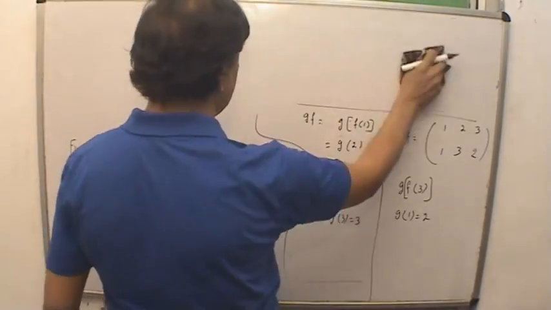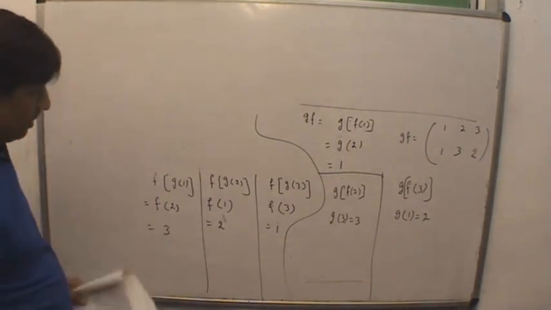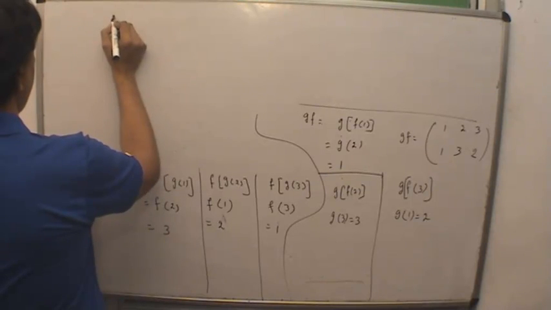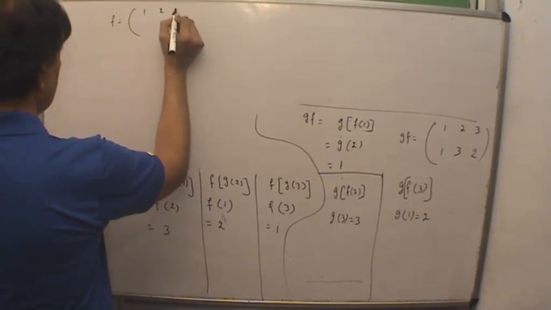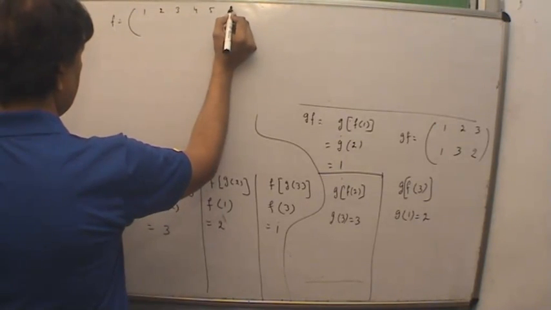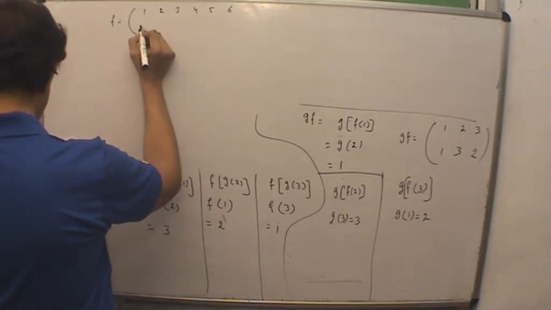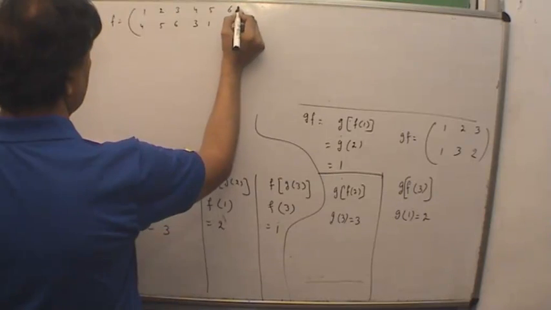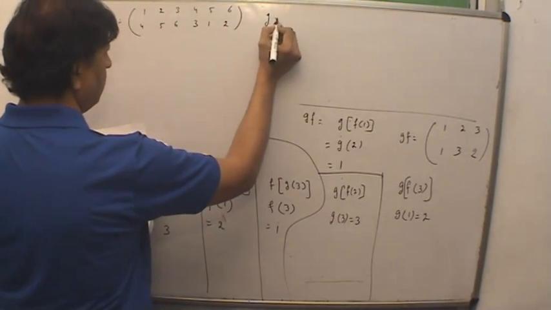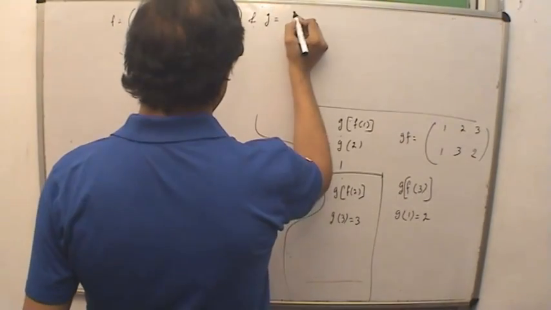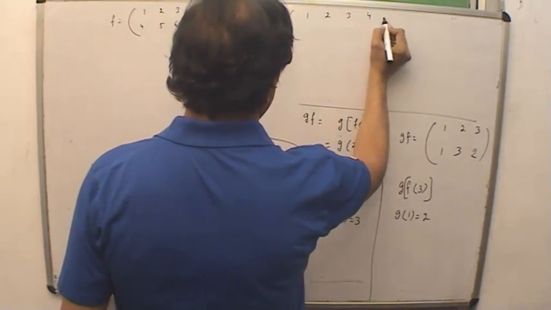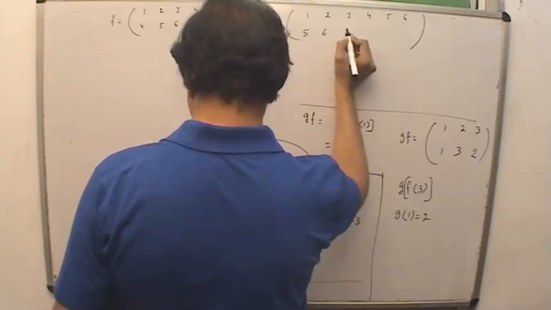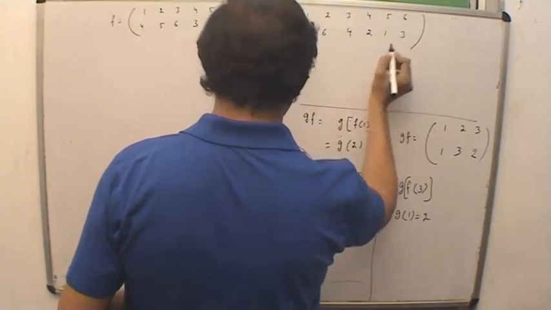In the simple formation, if we consider, say, F is equal to 1, 2, 3, 4, 5, 6 mapping to 4, 5, 6, 3, 1, 2, and G is equal to 1, 2, 3, 4, 5, 6 mapping to 5, 6, 4, 2, 1, 3.